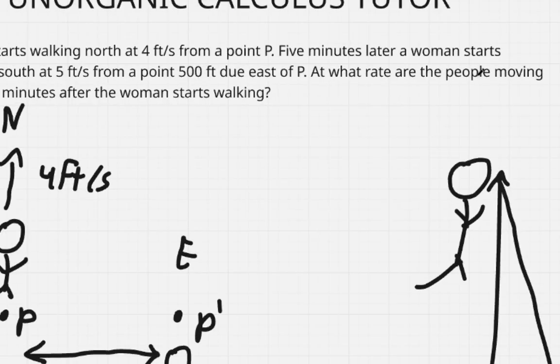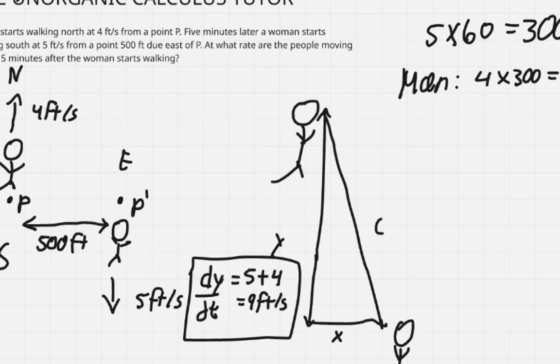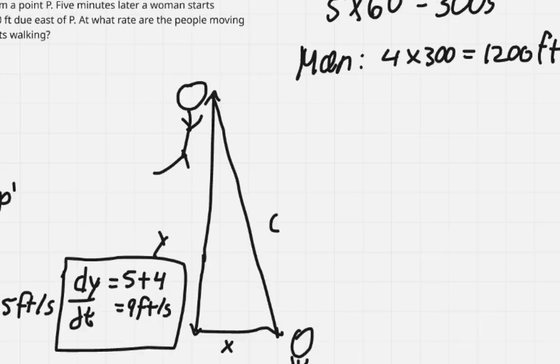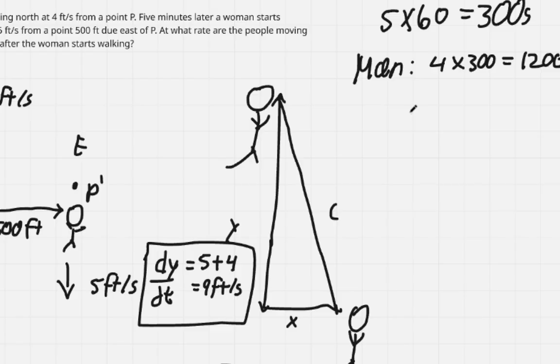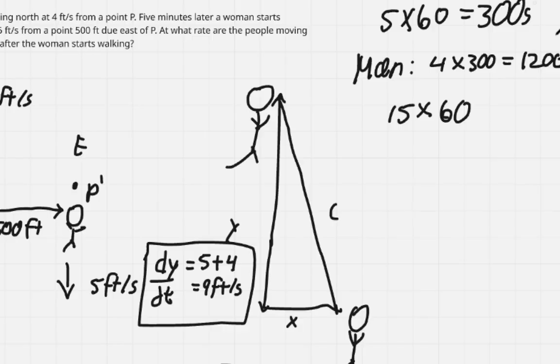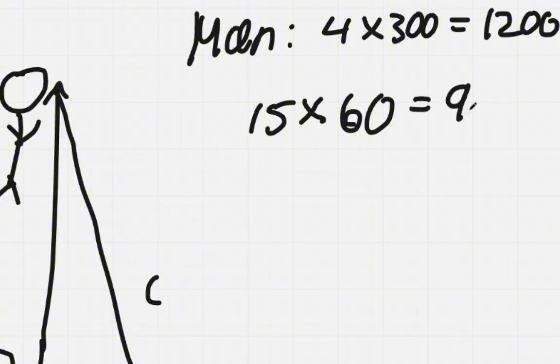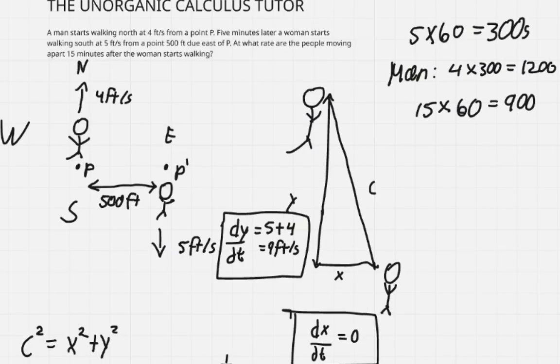The people are moving apart 15 minutes, so we need to find the distance that they've covered in 15 minutes. And that's 15 times 60. I have no idea what that is, just search it up. Okay, so it's 900 seconds.